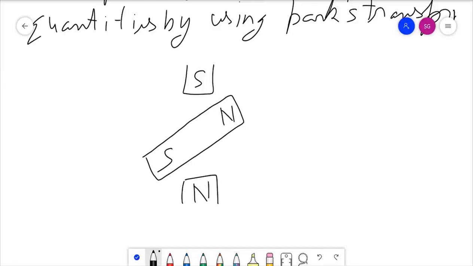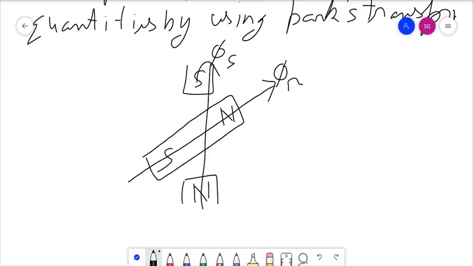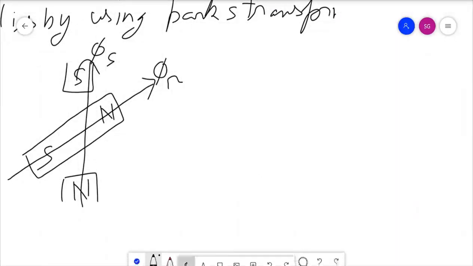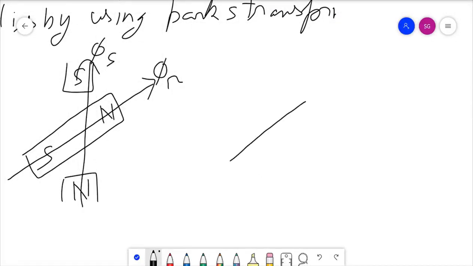This will be the axis of the rotor pole, and this will be the axis of the stator pole. We can take this separately as phi r and phi s, and the angle between them is delta. Delta is the load angle.